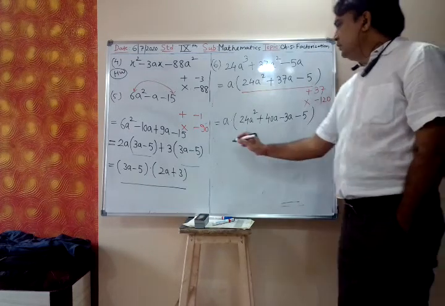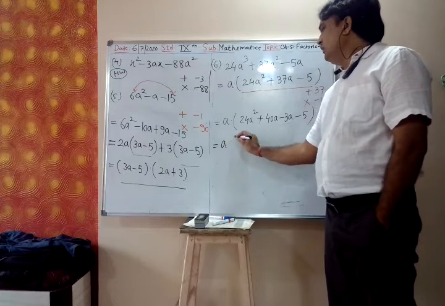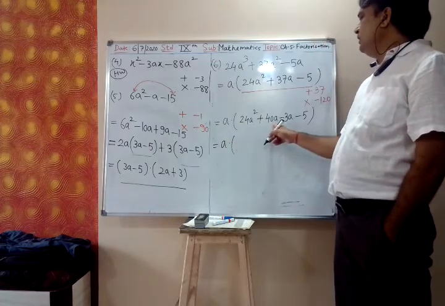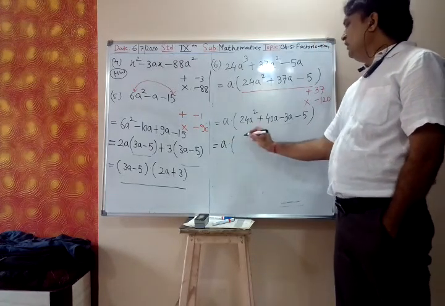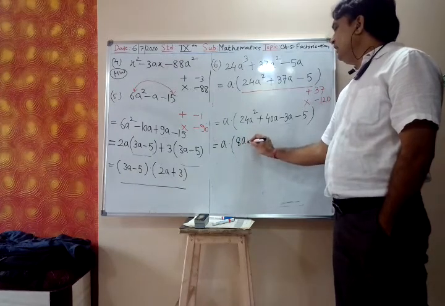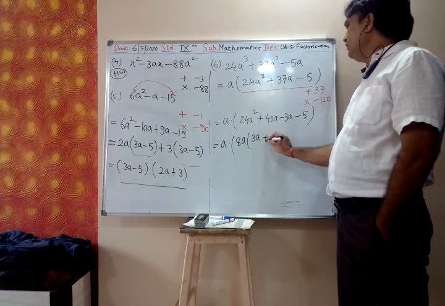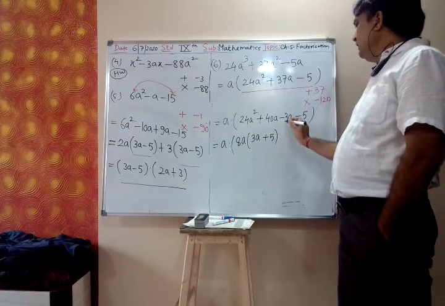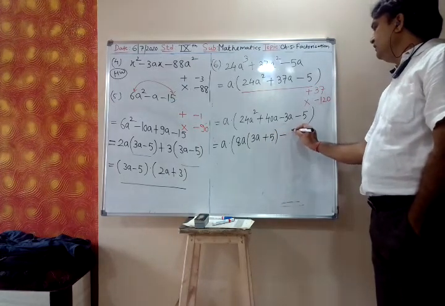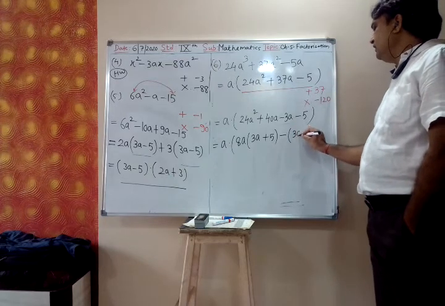Now what is common in 24a square and 40a? 8a is common. Then it is 3a plus 5. Then I will take minus common. Then I will write in the bracket 3a minus 5.